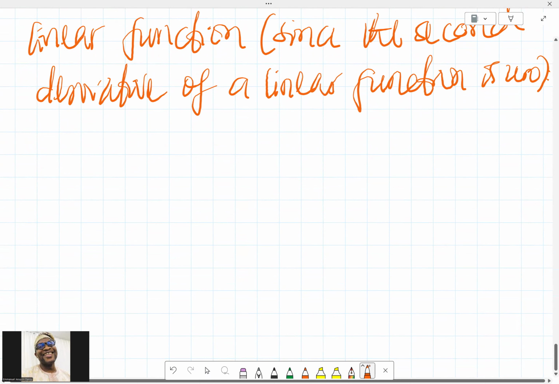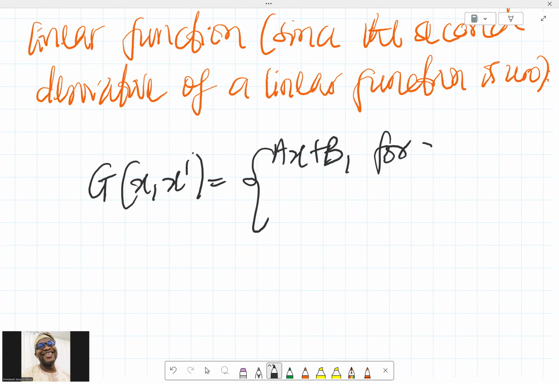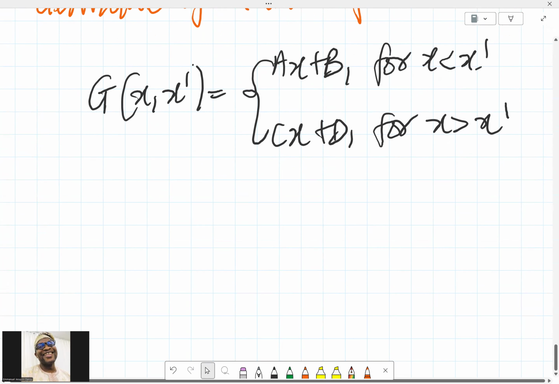So we have the solution to be g of x comma x prime equals ax plus b for x less than x prime, and it's cx plus d for x greater than x prime. These are the two regions into which we've divided all that.